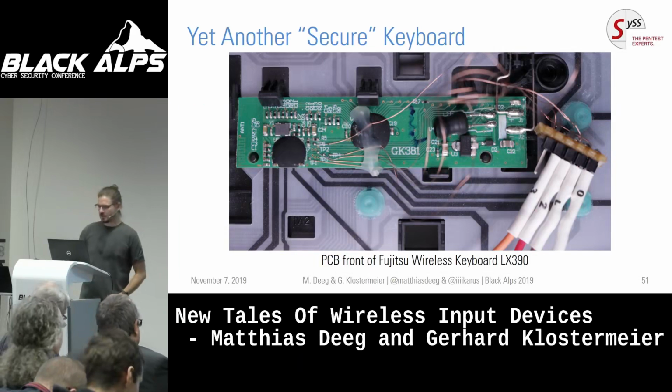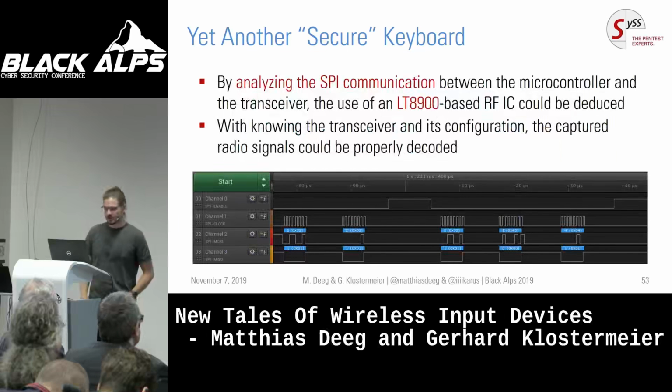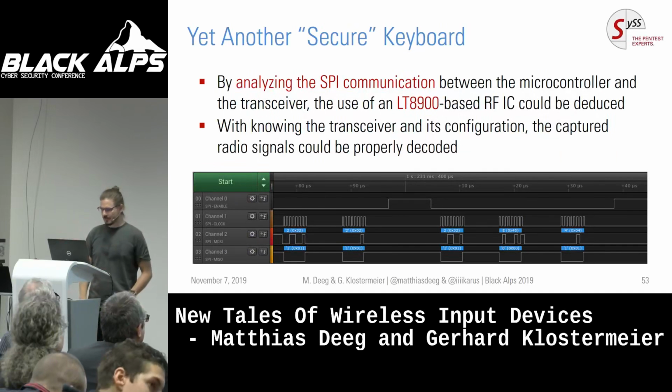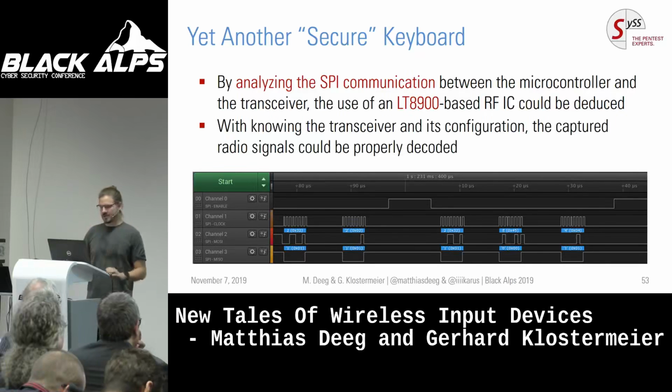It was an interesting journey because it was basically the lockdown chips. And just by sniffing the communication with a logic analyzer, you can get the sequence of what the one microcontroller is telling the receiver chip. And on the receiver chip, we noticed a pattern we knew before.